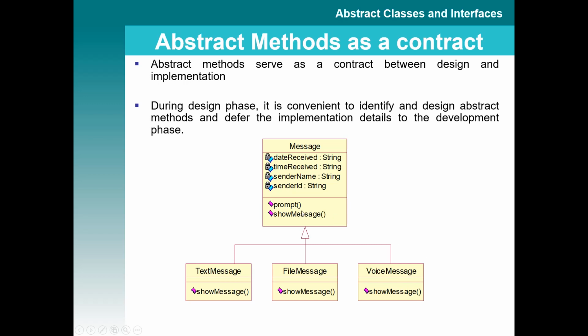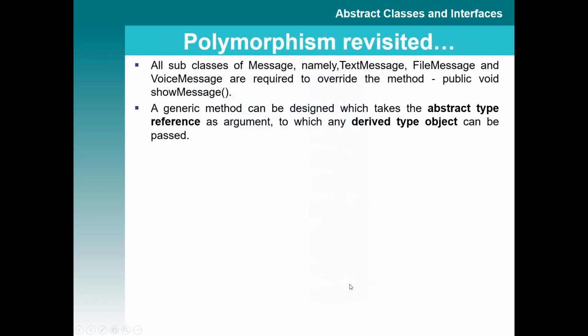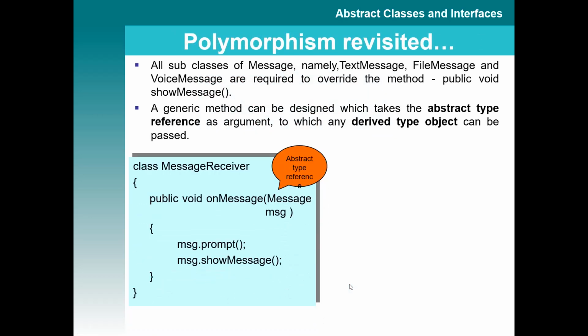So we could make this show message method in the base class abstract, forcing the subclass authors to provide implementations which are specific to that particular type of message. We make the class abstract and the method abstract, and we can create any number of subclasses.